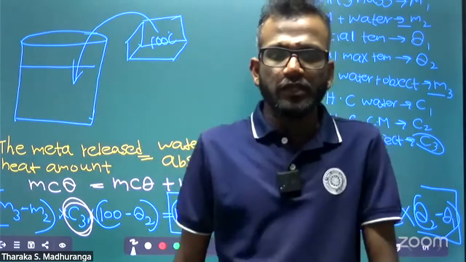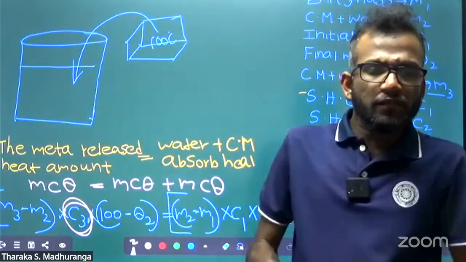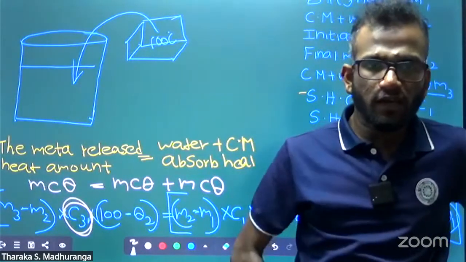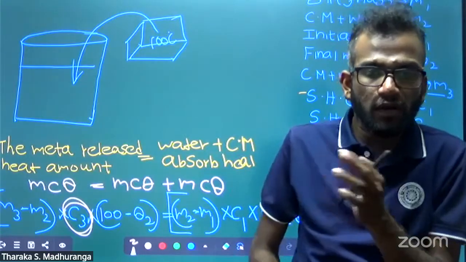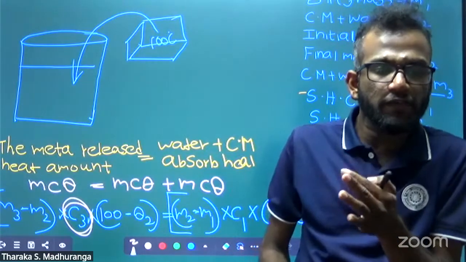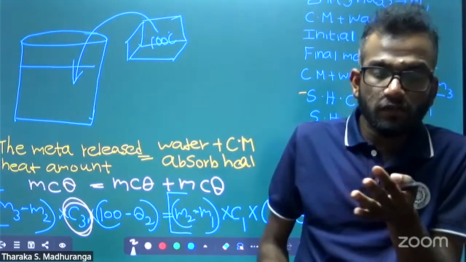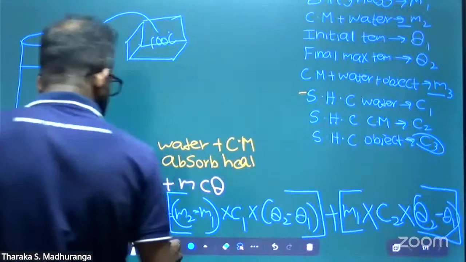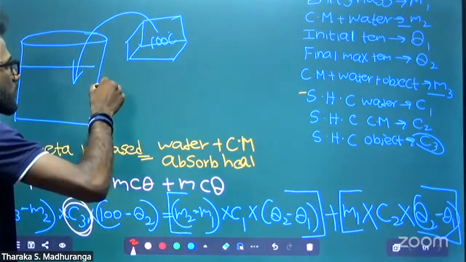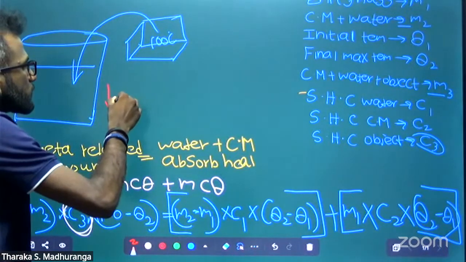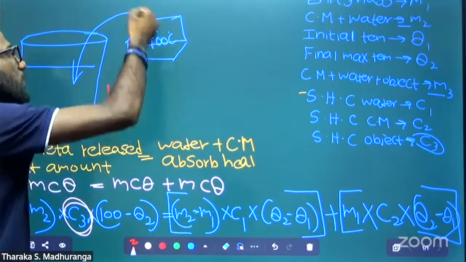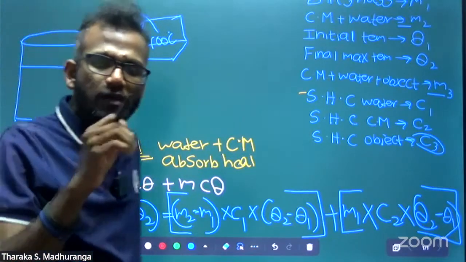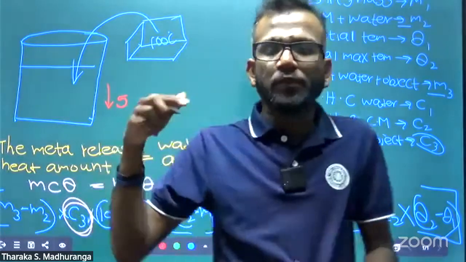Then I told you there are a few important factors we need to consider. We need to avoid heat loss to the environment. Therefore, we can reduce the water temperature by 5 Celsius, and when we add this metal piece, we can increase the temperature up to 5 Celsius.